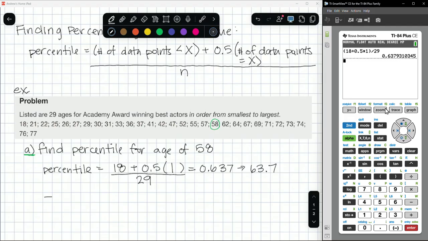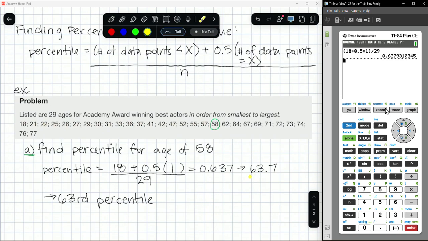So I would report this as the 63rd percentile. The reason I do that is that a percentile tells me the percentage of data that is less than or equal to my data value.